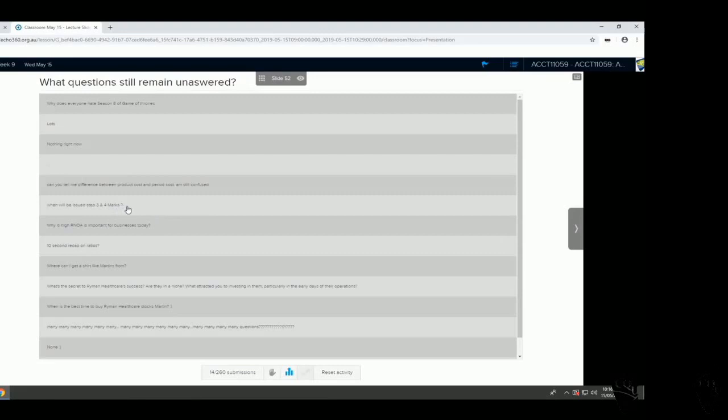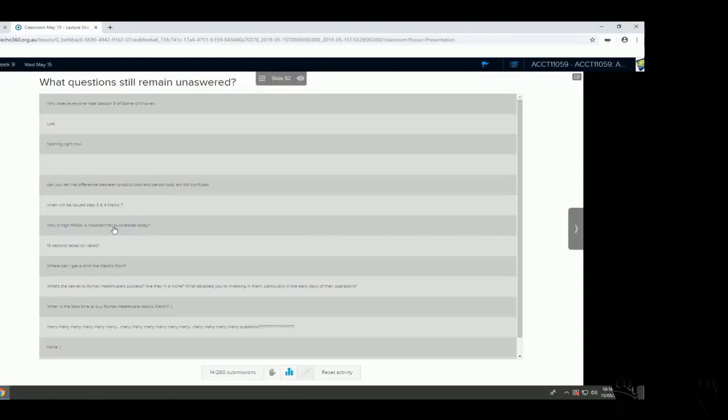When will step 3 and 4 marks be issued? Well, we've marked most of them that have been submitted, so we're still working through. Probably the next couple of days, but of course people are still submitting. I think we've got through nearly 60% of the people we think are going to submit in total, and that's probably 80% of the ones who've submitted so far. So it's coming.